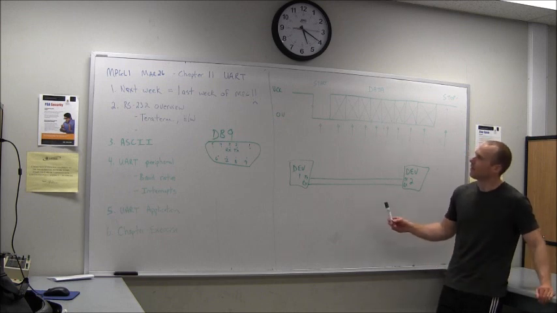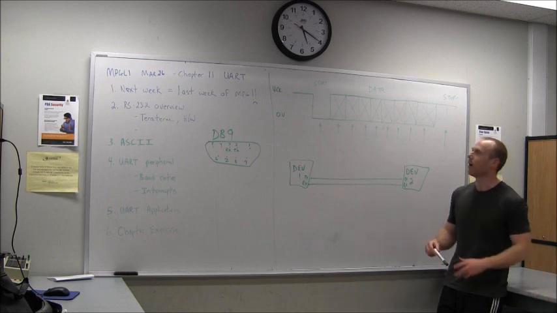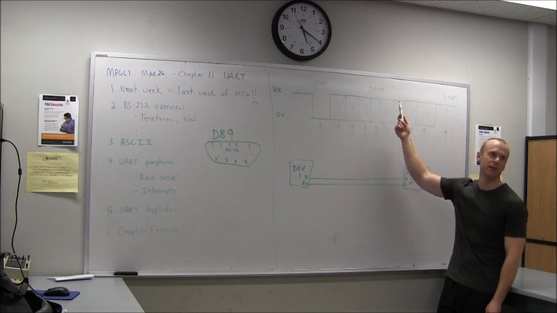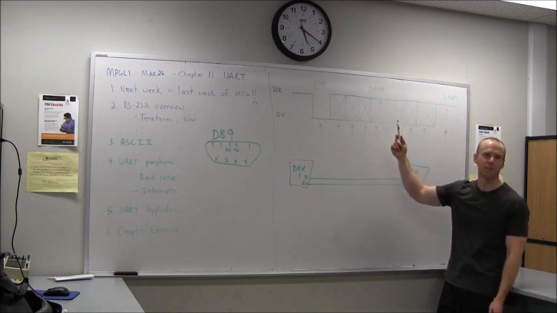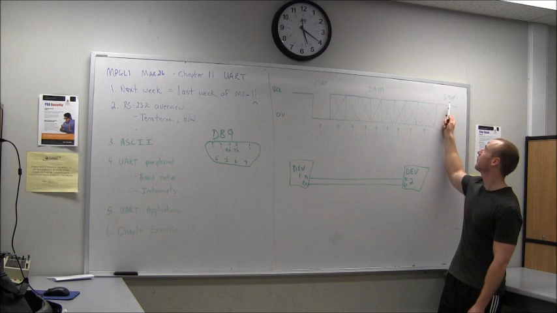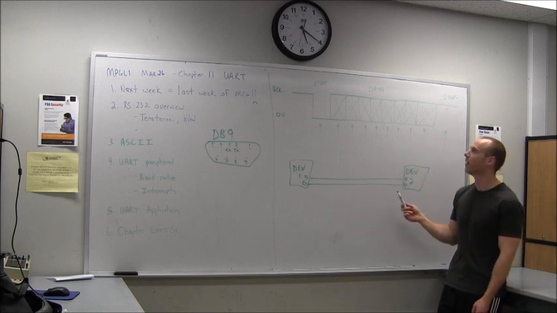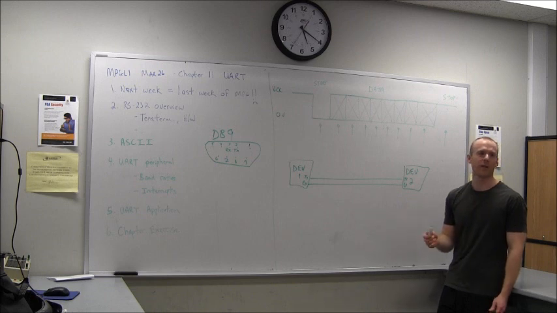So both of these have to have the same baud rate. There's a configurable number of data bits. Usually you send 8 data bits, which makes sense because it's a byte, right? There's a configurable number of stop bits. Most of the time we use 1 stop bit. And you can also do things for error checking, like a parity bit.